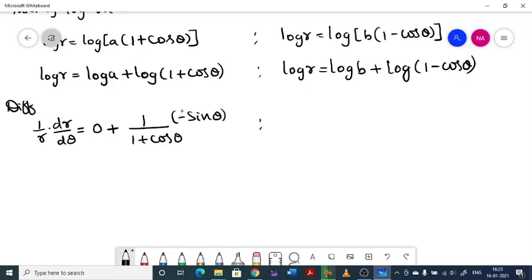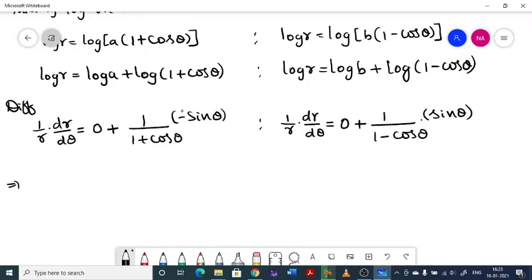Parallelly on this side, the derivative of log r, that is 1 by r, into dr by d theta, equals log b, differentiating that you get 0, plus log of 1 minus cos theta. If you differentiate it, 1 divided by 1 minus cos theta into the derivative of minus cos theta, you get sin theta. In the previous problems we have written this as cot phi.